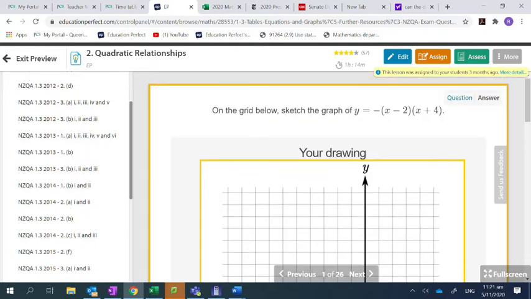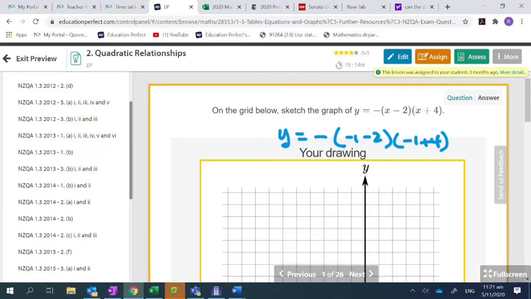So let's just plug that in and do the work. All right? So it's y, because remember, we're looking for our y value. We have our x value already, right? So y equals the opposite of -1 minus 2 times -1 plus 4. Again, where did I get the -1? The vertex. It's halfway between my intercepts, and we know that's the axis of symmetry.